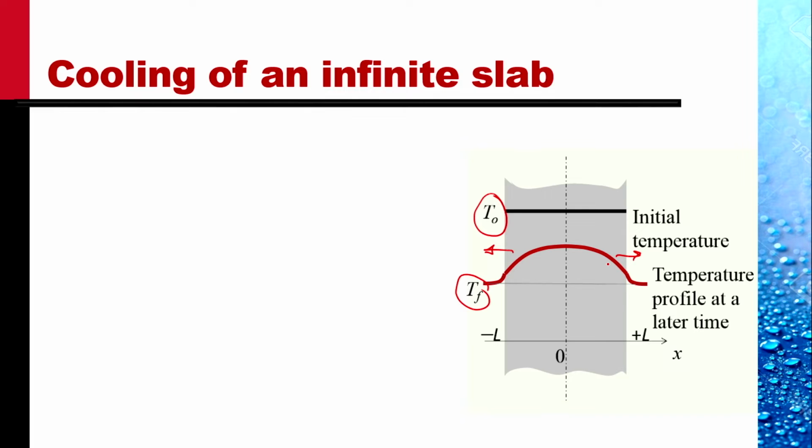The temperature of the slab is coming down regularly, but it is highest at the center. It varies with x. This is the drop of temperature within the solid at a given moment, and this is the drop in temperature within the fluid at the boundary layer, the thermal boundary layer, at the boundary of the slab within the fluid.